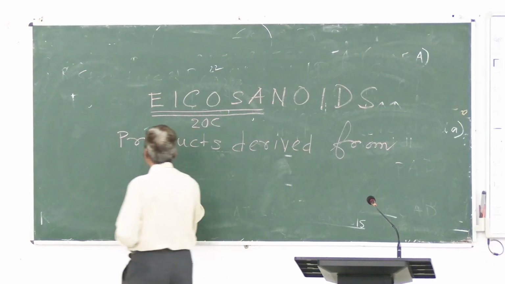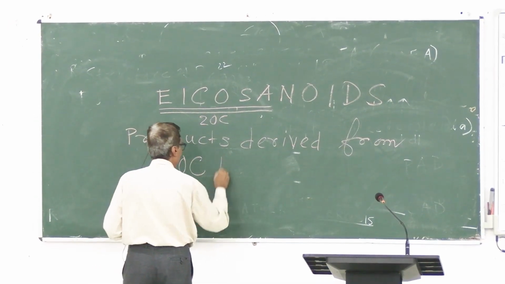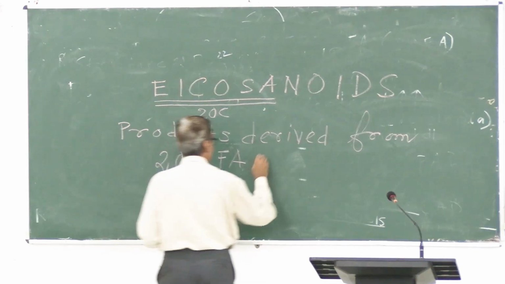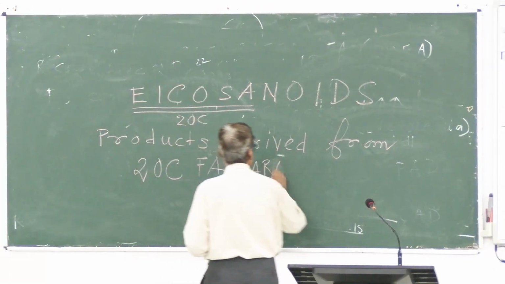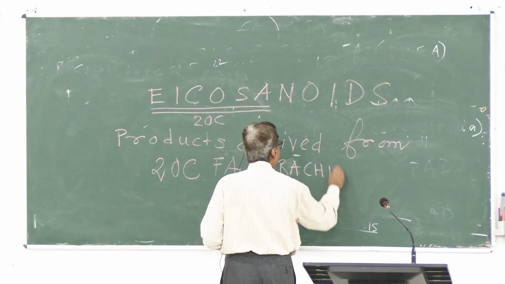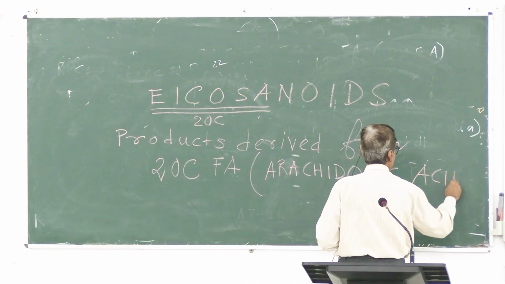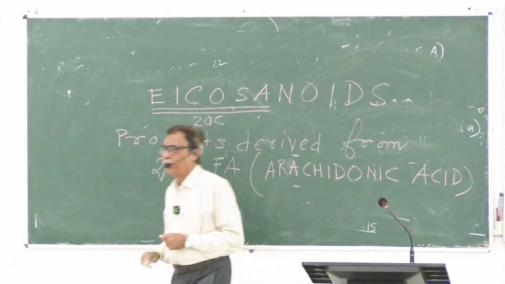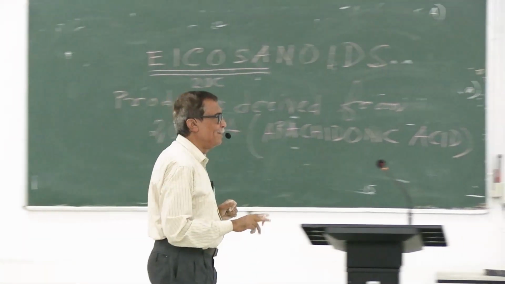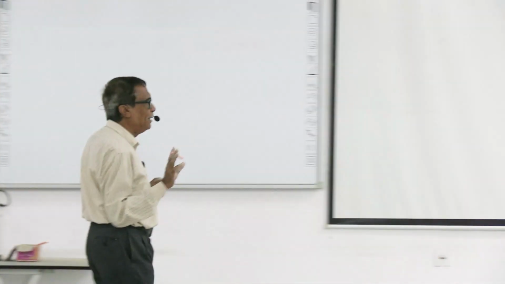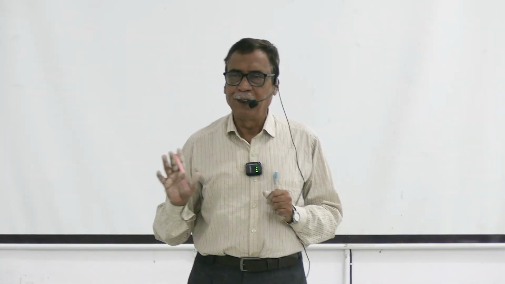Twenty carbon polyunsaturated fatty acid having 4 double bonds, at 5, 8, 11, 14, is known as arachidonic acid, an important fatty acid in our body, and because of it there is production of eicosanoids.